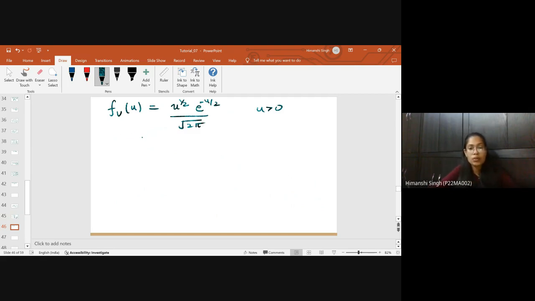Now we know that W square is equal to u, which implies that W is equal to under root of u. Notice here that since we are taking the square root, W can be plus or minus under root of u. We have two scenarios.